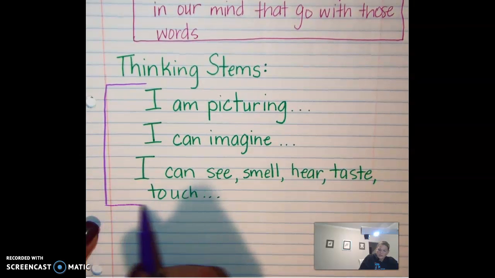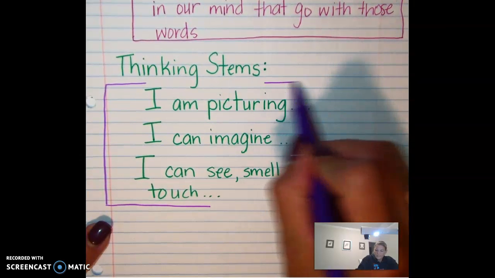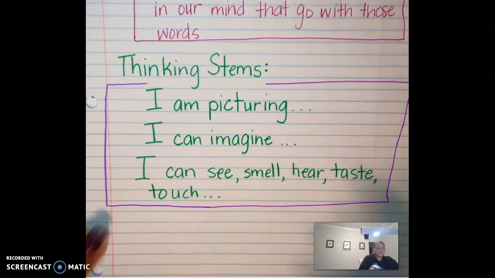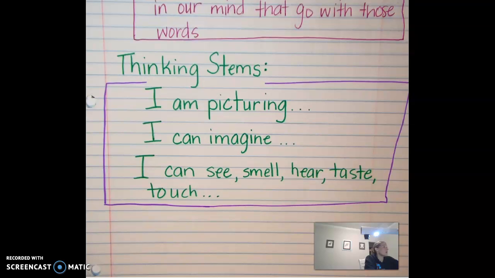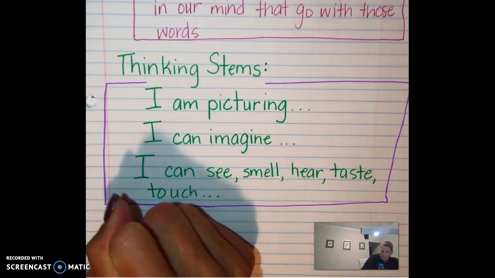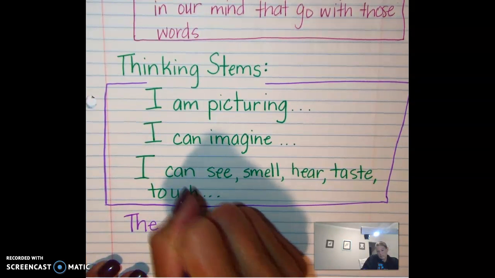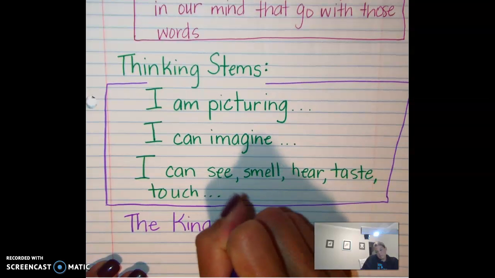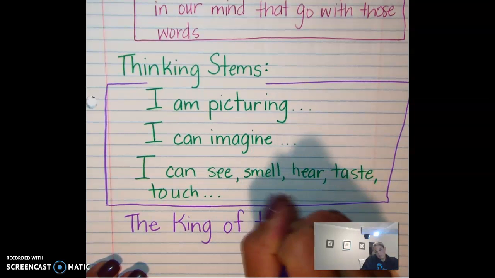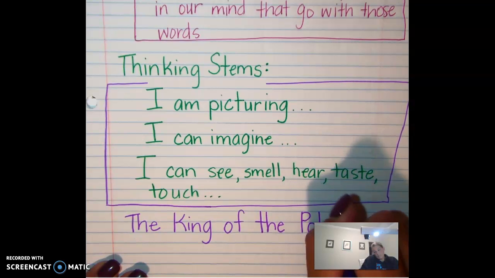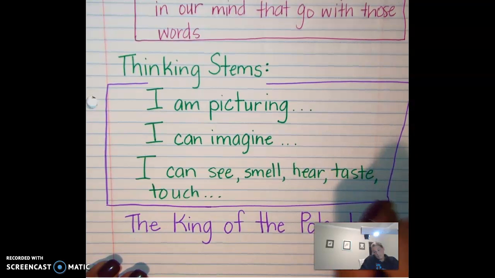And the name of our story for today, that is not cute, is it? Is The King of the Polar Bears. That's a capital B here.